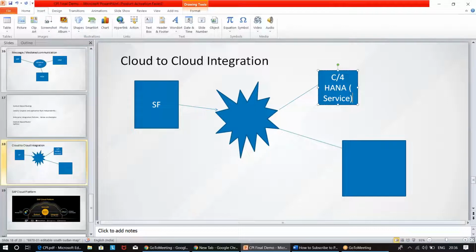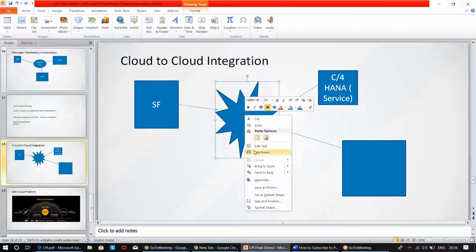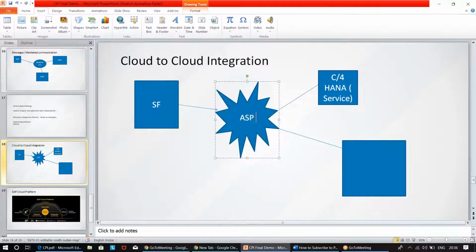I think I've shown you in the demo part also. So for this kind of integration, I think CPI is a very good contender, and right now how it is evolving, this makes a perfect fit for CPI to integrate SAP-based applications.